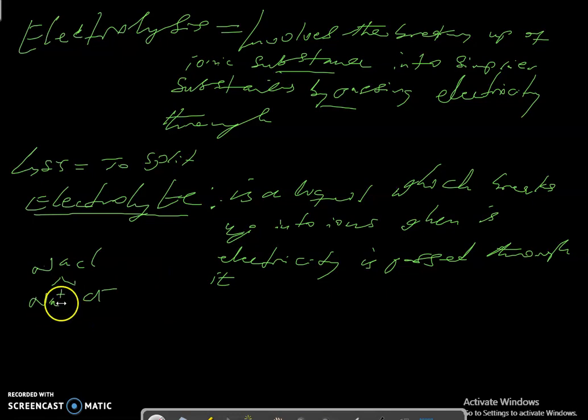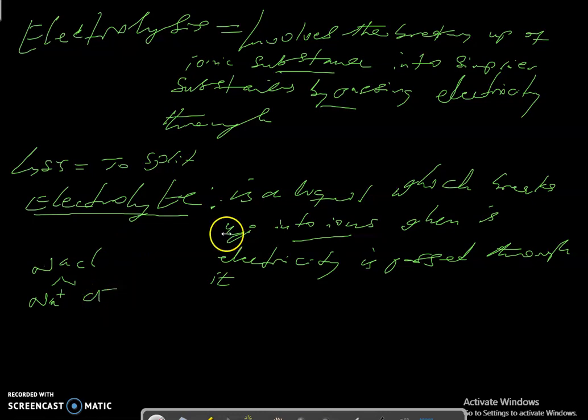Once we dissolve the ionic substance in water, we get electrolyte, because when we pass electricity through the electrolyte, it is able to split into its constituent ions. So electrolyte is a liquid which breaks up into ions when electricity is passed through it, and essentially is the ionic substance that we are trying to split into simpler substances by passing electricity through it.